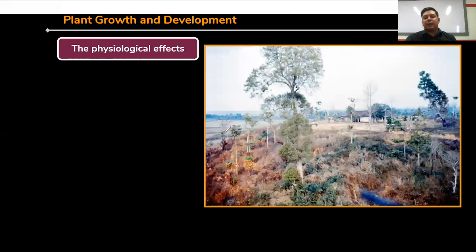After spraying, these plants were defoliated. Why? Because after spraying a huge amount of 2,4-D and 2,4,5-T, they destroyed the plant's chlorophyll. So the plants turned yellow after spraying. This is called defoliation of the plant body.